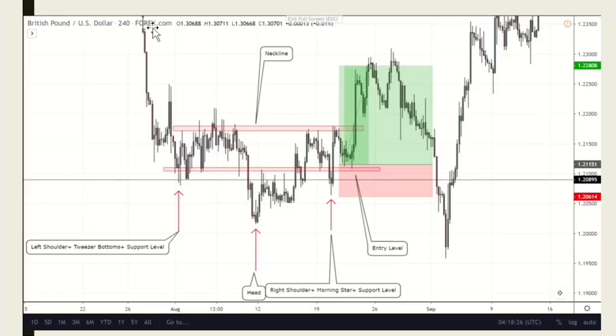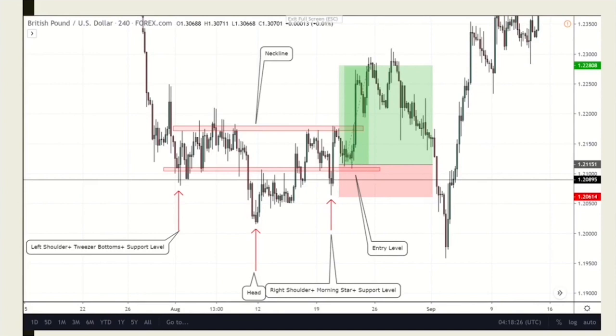So here you have, if anyone's noticed already, the inverse head and shoulders. Price comes down, makes the neckline, comes down to make the head, back to the neckline, similar level on the right shoulder, and a push up. Let's take an even closer look.